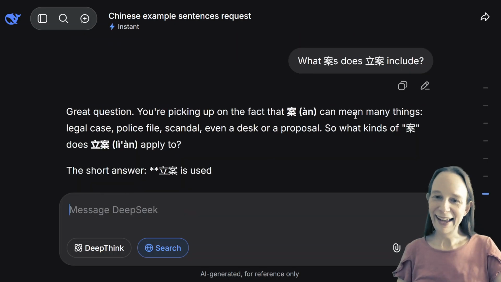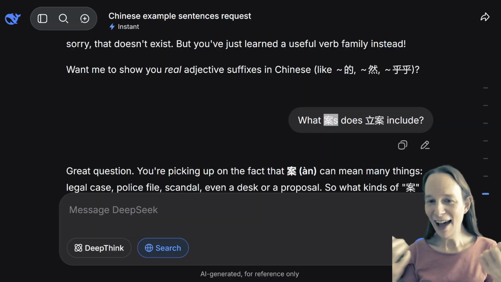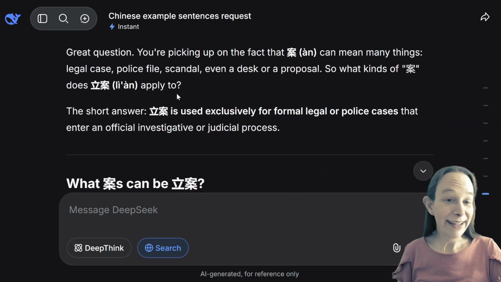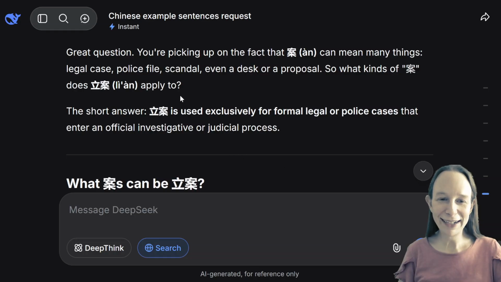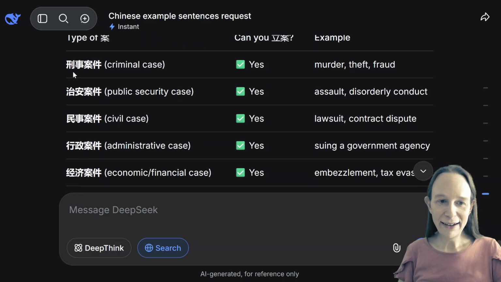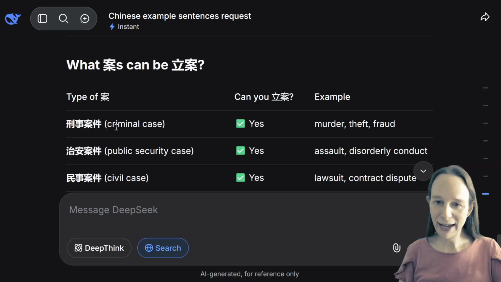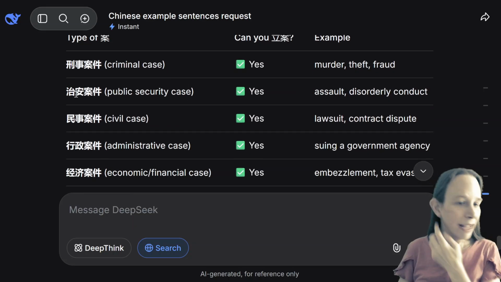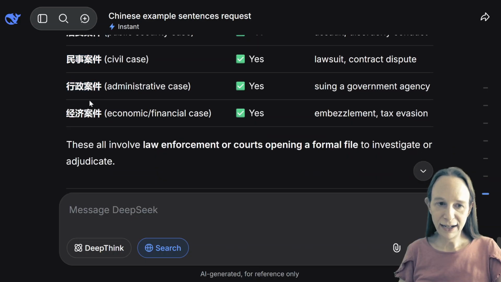It's kind of amazing that AI can understand my mushed up half English, half Chinese words, but it can figure it out. Great question. No, I got a perfect question from the other AI. I want the perfect question. Okay, criminal case. So Li An registered a criminal case. Okay, 案件: 民事案件、行政案件、经济案件.